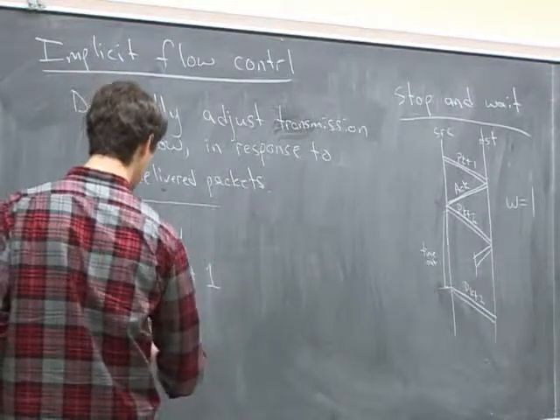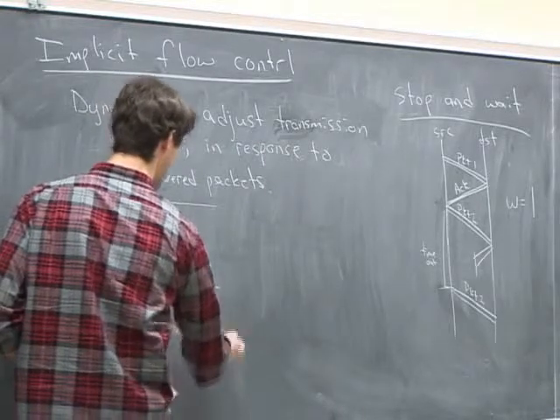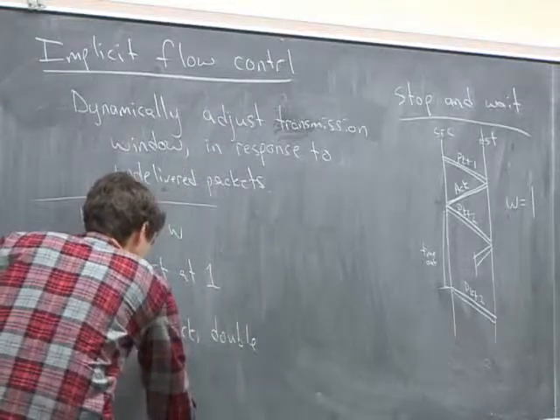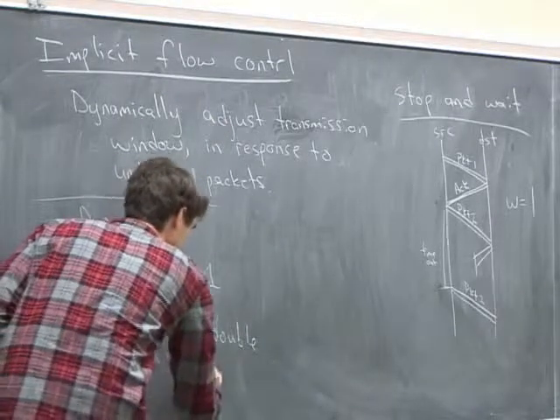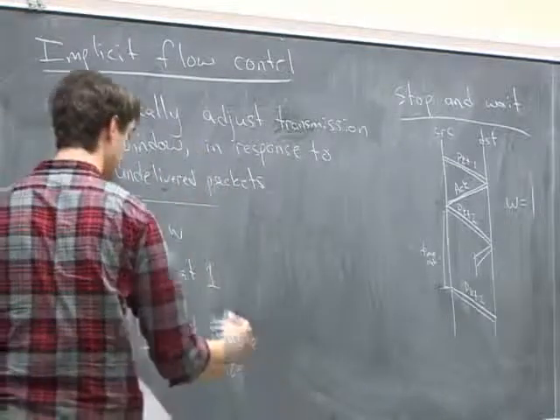For each acknowledgement we receive, we double the window size, and we double it until we reach some threshold.